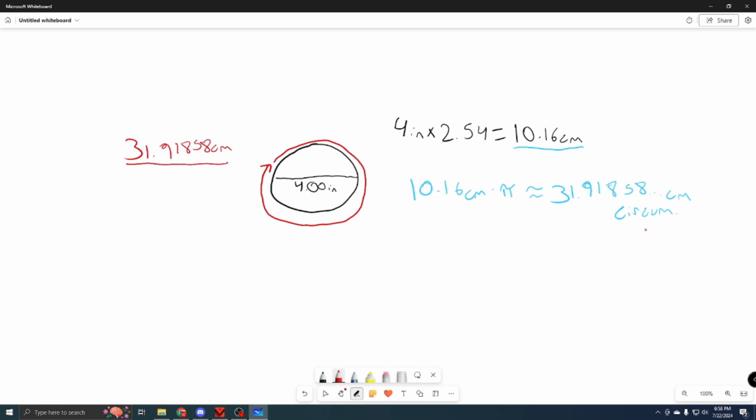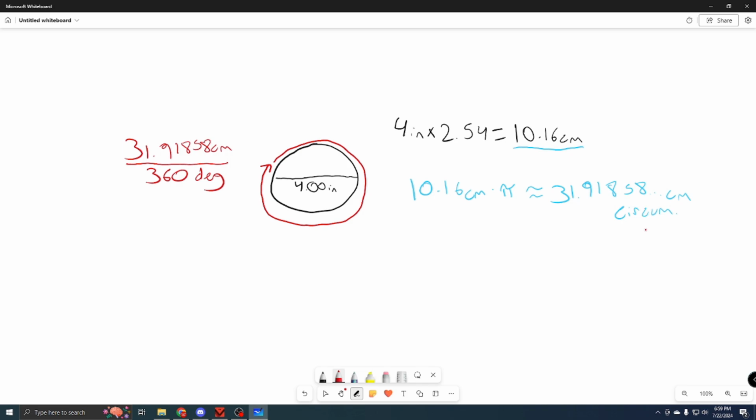And the controllers that are built into VexCode V5, you probably know, you can spin the motor forward a set number of degrees, right? So we know that one full rotation of a circle is 360 degrees. I'm not going to use the degree symbol.